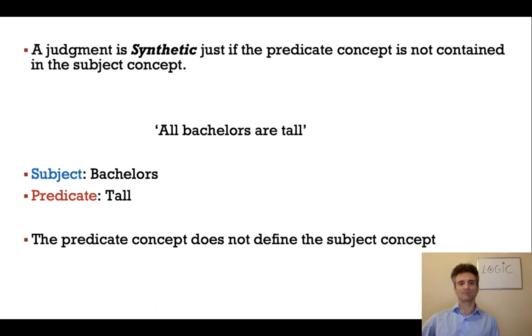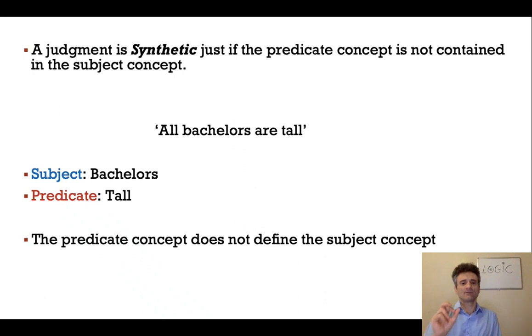That is a bachelor. You will never find any definition of the word bachelor as an individual who is tall. Tallness does not figure at all in the definition of bachelors. So in this case, tall, the predicate term, is not the definition of the subject term. In other words, tallness is not or does not mean what it is to be a bachelor.